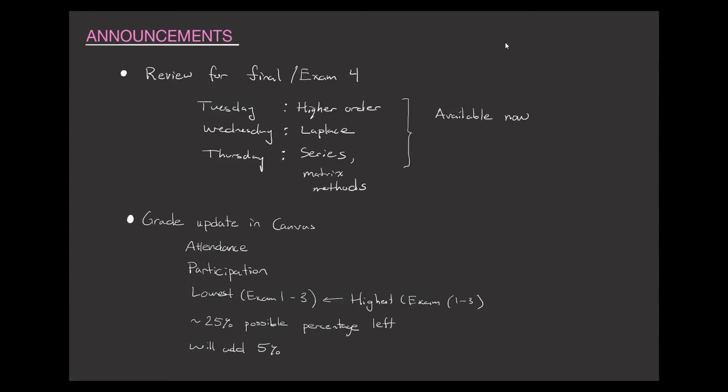The final is 20% of the grade. And with the last lab, the last written homework, and some of the last online homeworks, there's roughly another 5%. So whatever your grade is now, you can increase it by up to 25%. If you have, let's say, a 60% now, that means you can get up to 85%. And then I'm planning to add another 5% on top of that, depending on how it all shakes out.